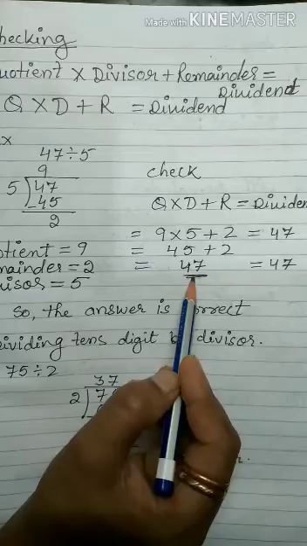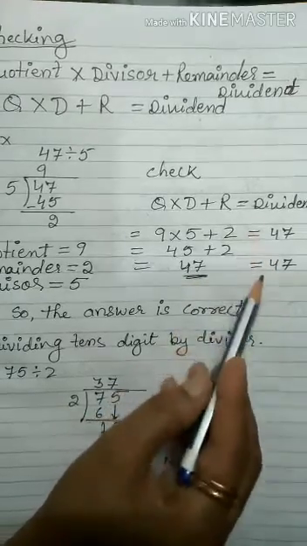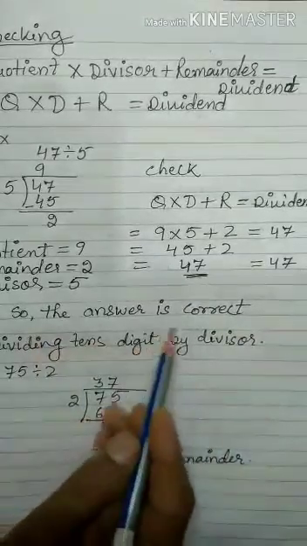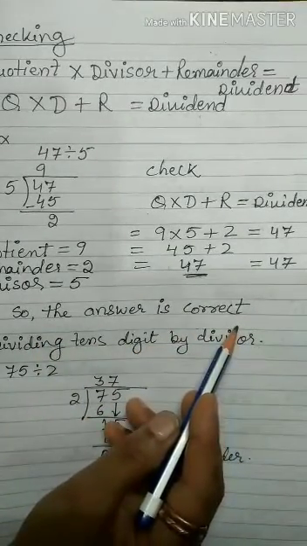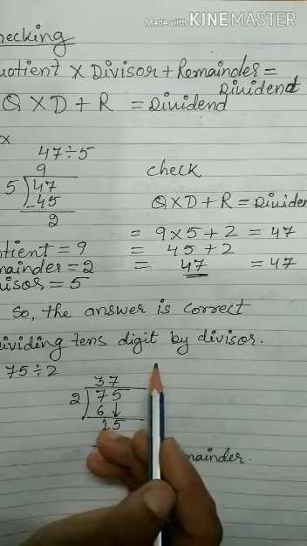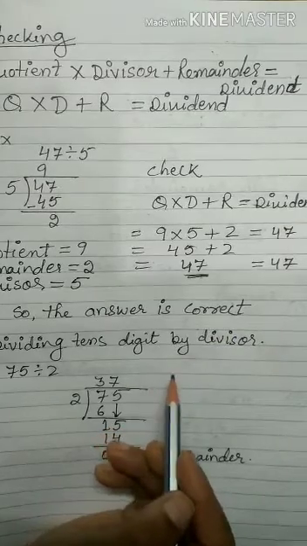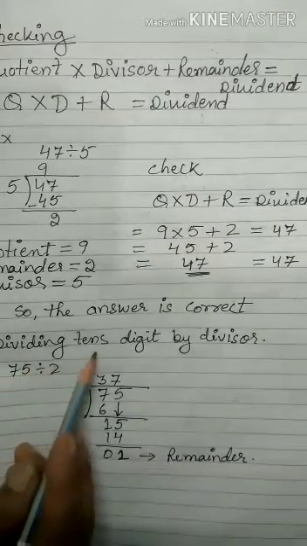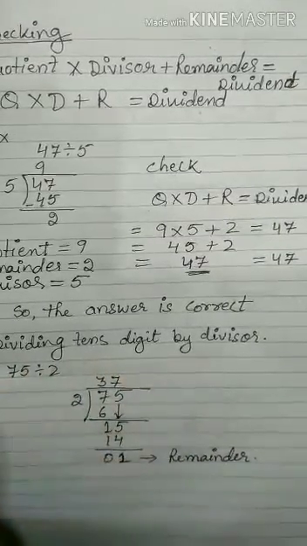We got 47 and the dividend also is 47. Both are equal, so the answer is correct. This way we can check the division.